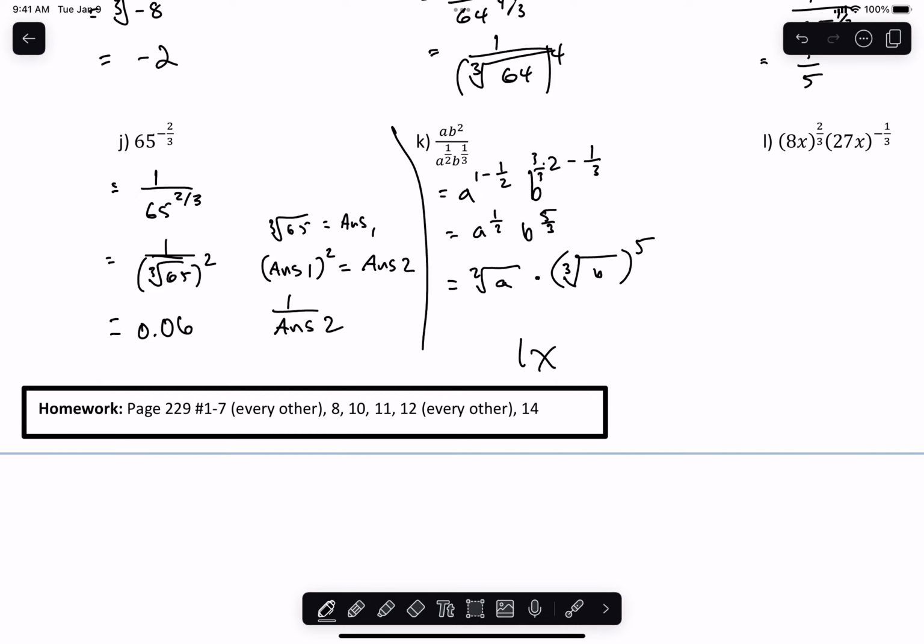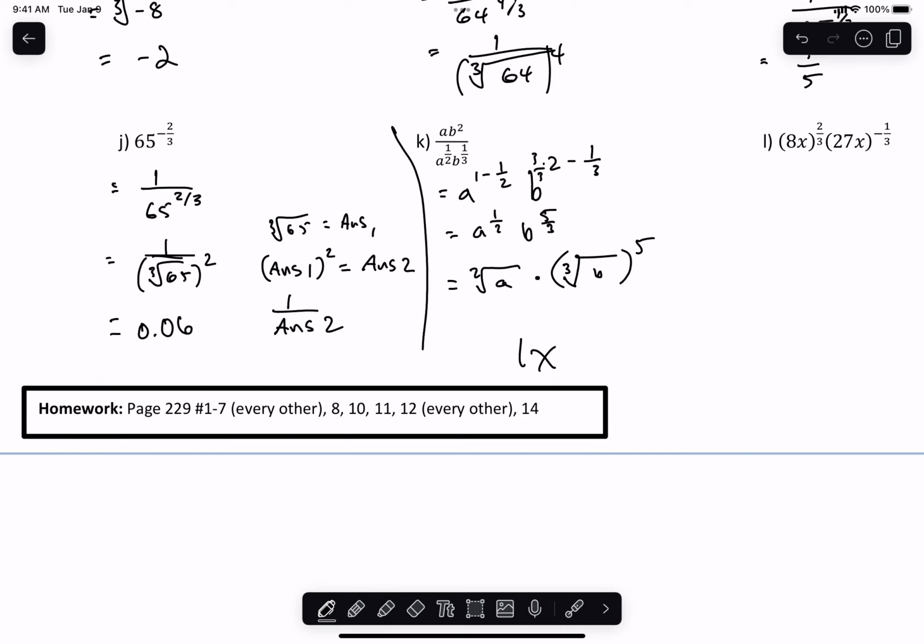Would it be b squared? No, because the rational exponent is much different. It's not b squared, because it's the cubed root of whatever b is to the power of 5. That's how that's read. So whatever your answer is, to the power of 5, which would not be the same thing as just squaring whatever b is. Okay.